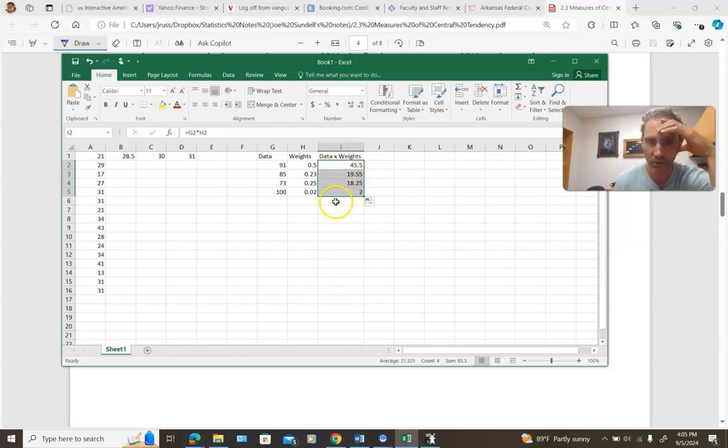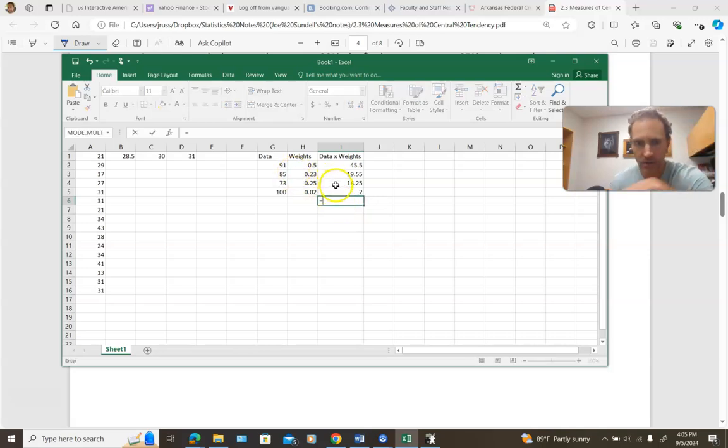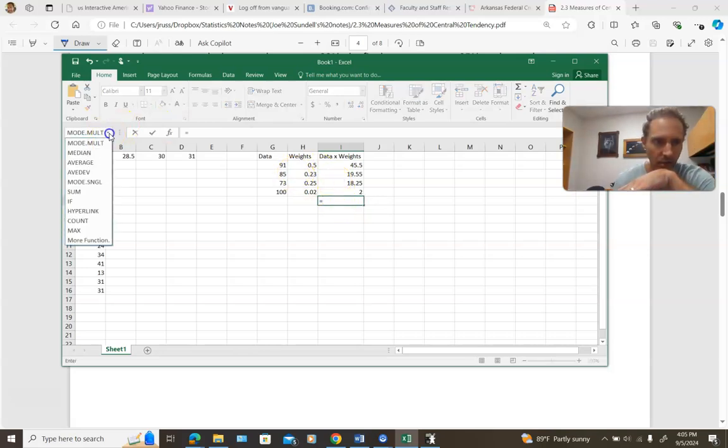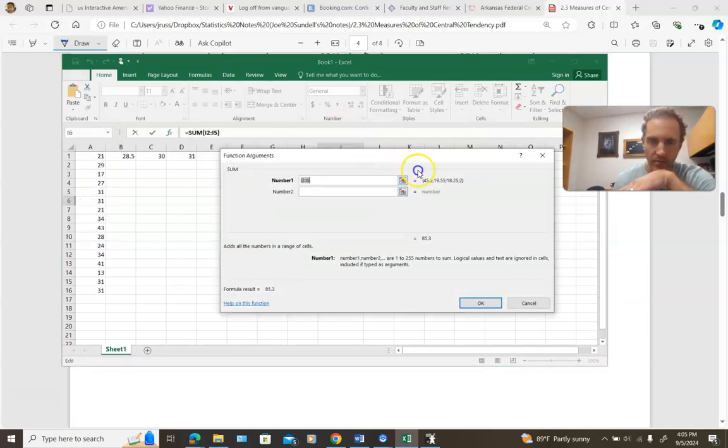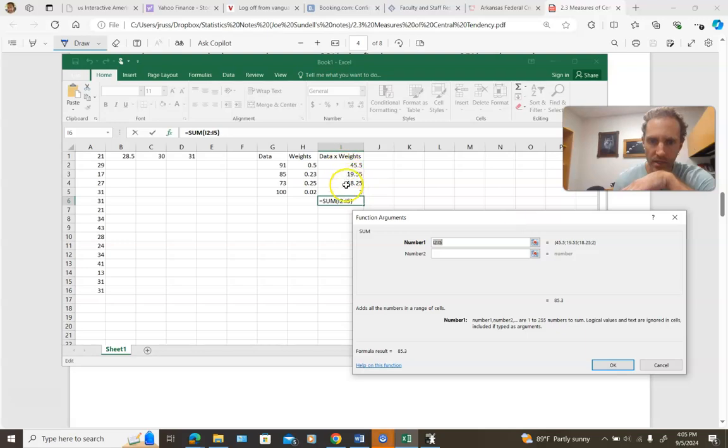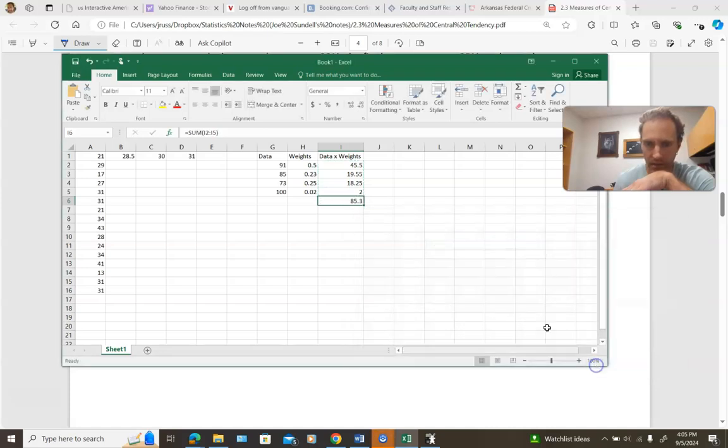And then what you could do if you want, you could click right here and you could say equals, and you could come over here and you could find the sum, because what I want to do now is sum up this column. So then you could drag this cell and pull it down, hit enter, and it will give you the sum of that column.